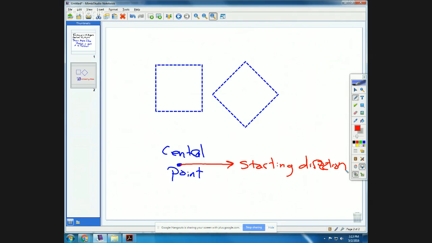And then I start to spin somehow. I start a turn of a rotation. And so if I start in that direction and then keep rotating and end up back where I started, that would be a full rotation.